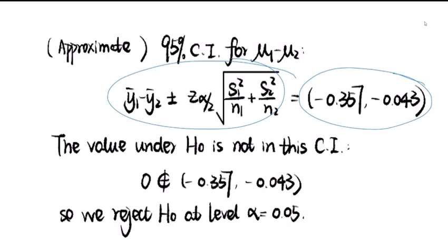The moment you get negative to negative or positive to positive, there's no zero in the interval, and that is significant. So the null hypothesis will be rejected. That is why I said zero does not lie in the interval. When zero doesn't lie in the interval, you reject the null hypothesis at that level of significance.